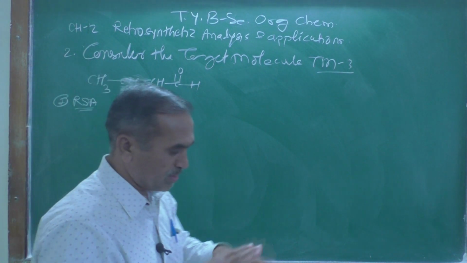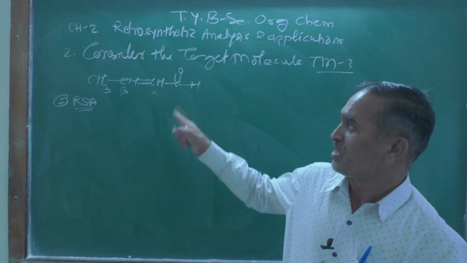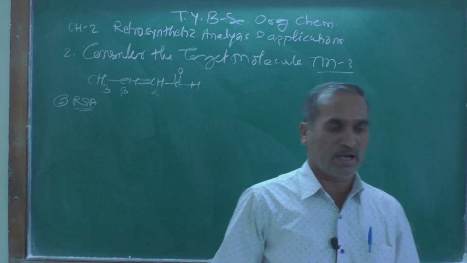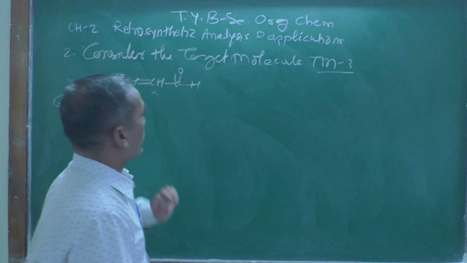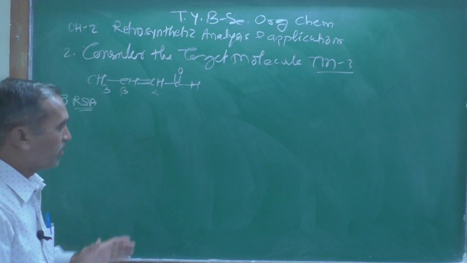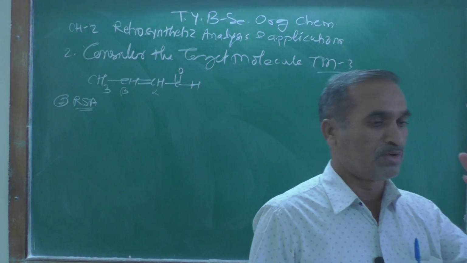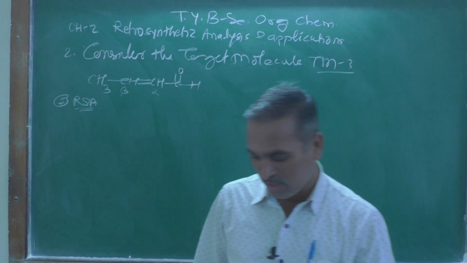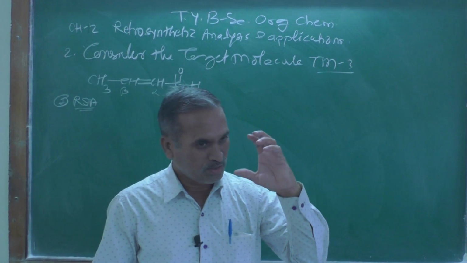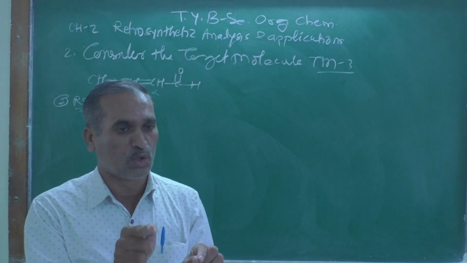Now these are the points you have to write down while analyzing this retrosynthetic analysis, whatever I have mentioned here. First one is an alpha beta unsaturated compound, and how can we synthesize this by the Aldol approach?